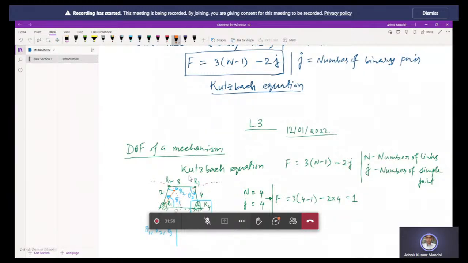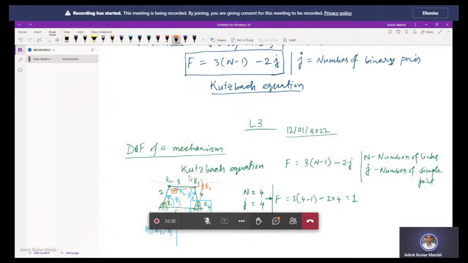On that arc, depending on the length of link 3, you can draw another arc making this point as center, and that point is now your R3 point. So you have this link 3 here this way.